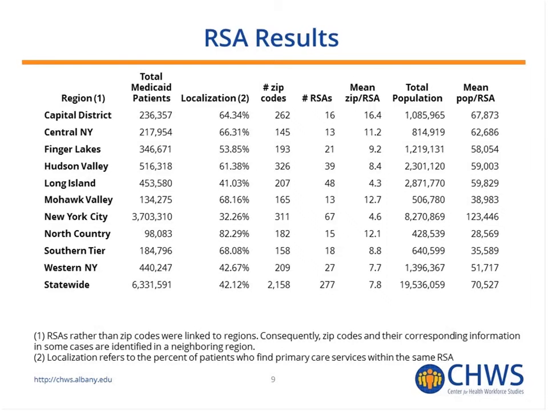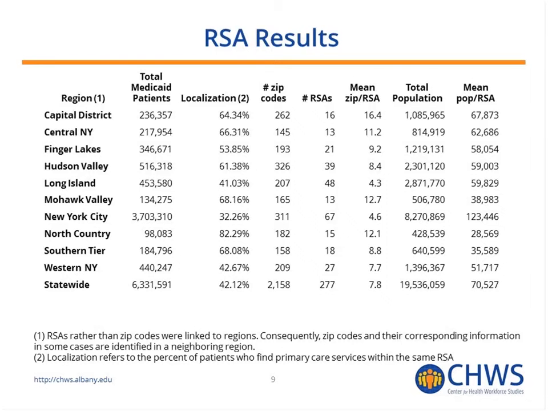Once we looked at our initial set of the 279, we asked, what makes sense, what doesn't make sense? So we started combining zip codes and splitting other RSAs so that our RSAs were more rational, for lack of a better term. That's where we came up with the 277.